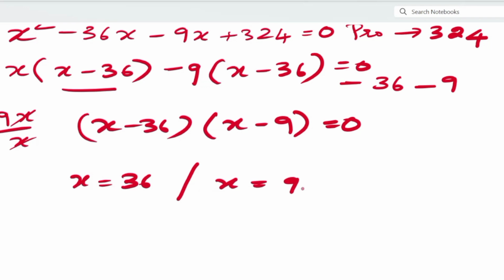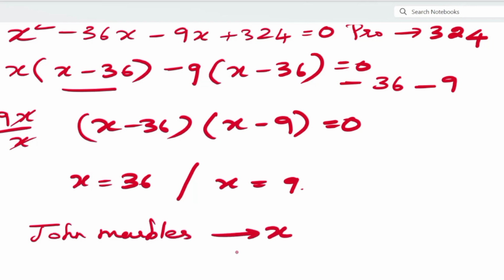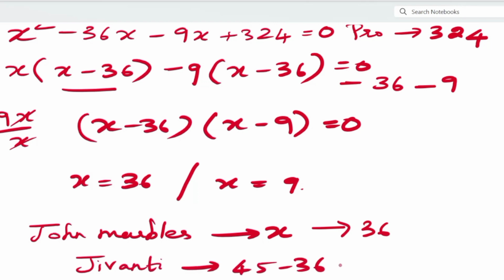From this, what you can get is that if the number of John's marbles is 36, initially what did we say? John's marbles, we gave that value as X, right? So if John's marbles is X and it is 36, the marbles of Jivanti will be 45 minus 36, which is equal to 9.